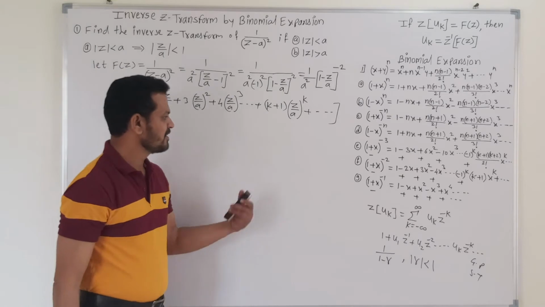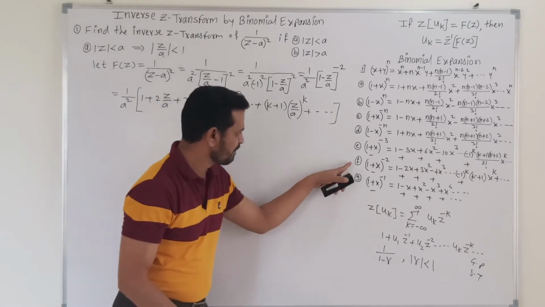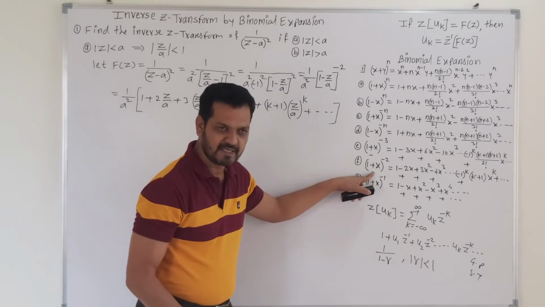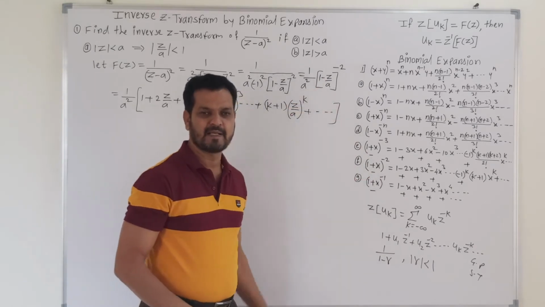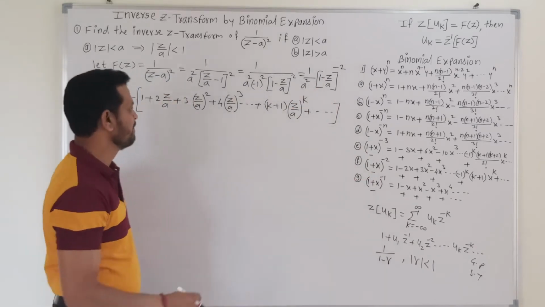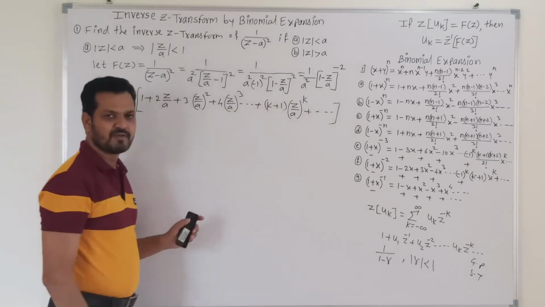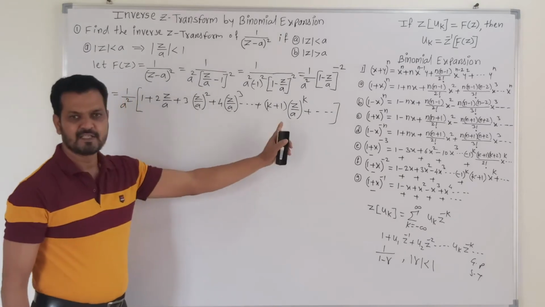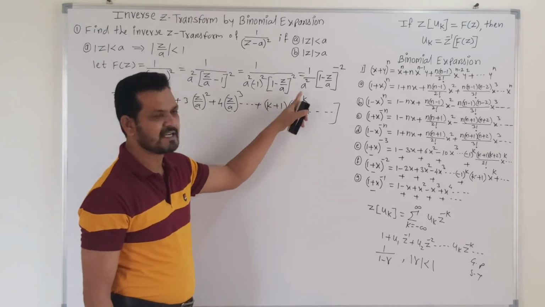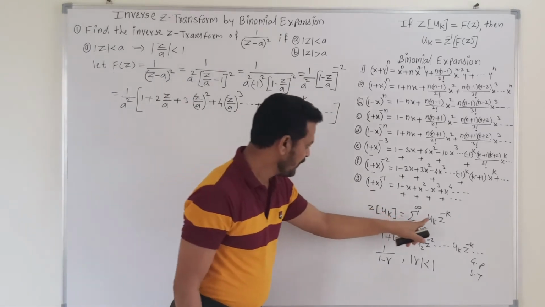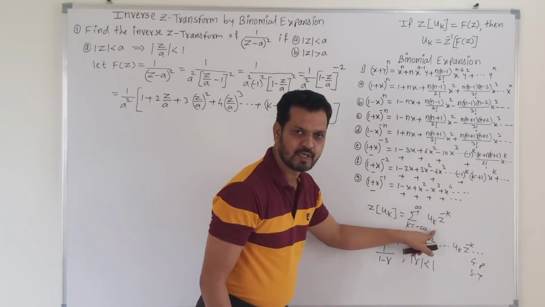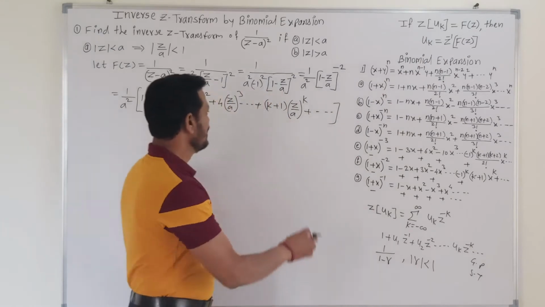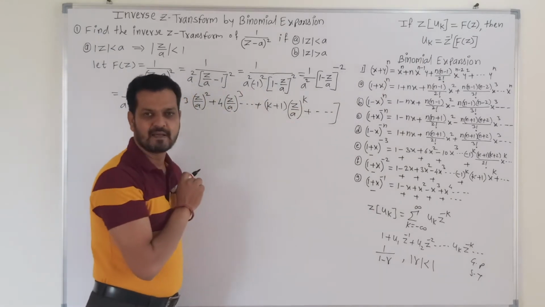Now friends, please try to understand that we use this result number f because the middle sign is minus and the value of x is z by a. So in this way we get the expansion of this function. While expanding this term, we write the z raised to k term, because we are interested in the coefficient of z raised to k, which is uk, and uk indicates the inverse z transformation. So that's why we write this middle term.